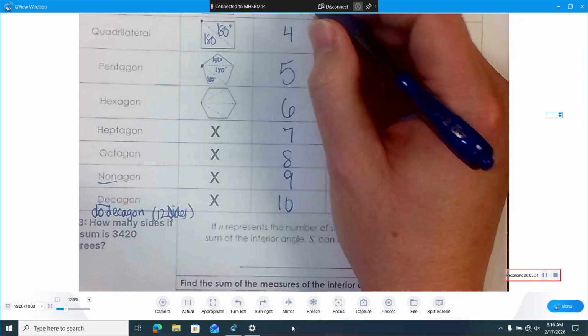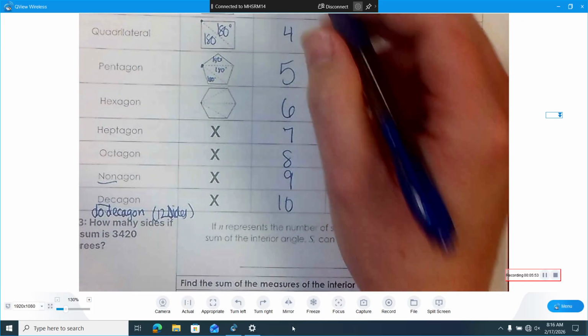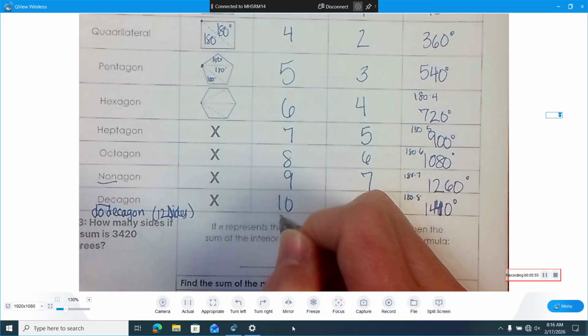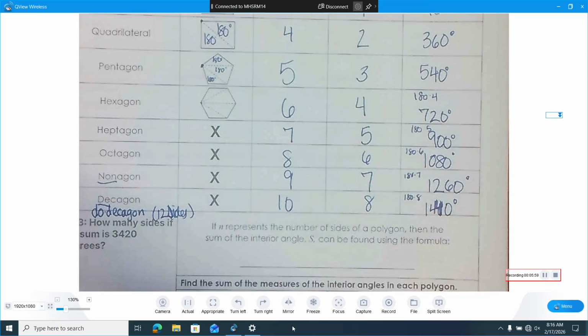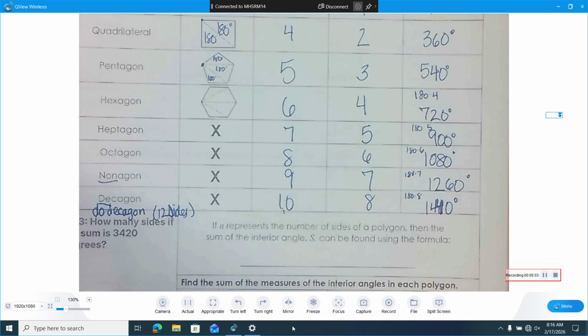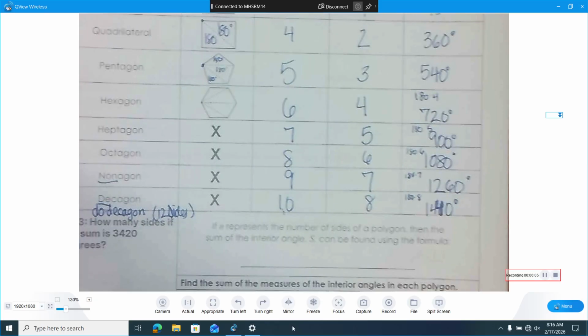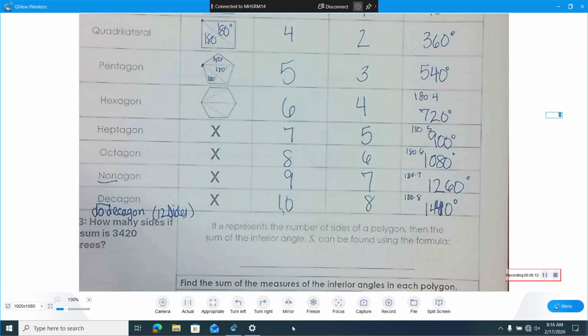Well, if we're going down, what if I wanted to have, like, not 10 sides, not 12 sides, not 20 sides, but what if that pattern continued? I watched a video this weekend where they did 2 to the 92nd number of sides on a polygon. 2 to the 92.